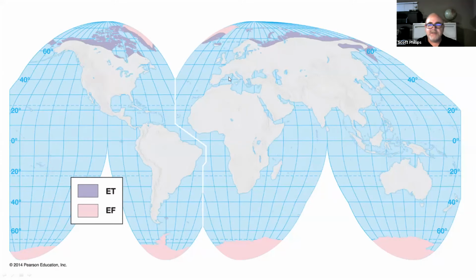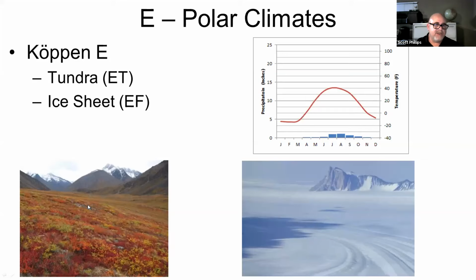Tundra is not quite Antarctica, ice-covered stuff. Looks more like this. So tundra are places that are extremely cold but not consistently covered in ice. And ice sheets are the coldest places in the world, like Antarctica. But we'll use a tundra example here for comparison.